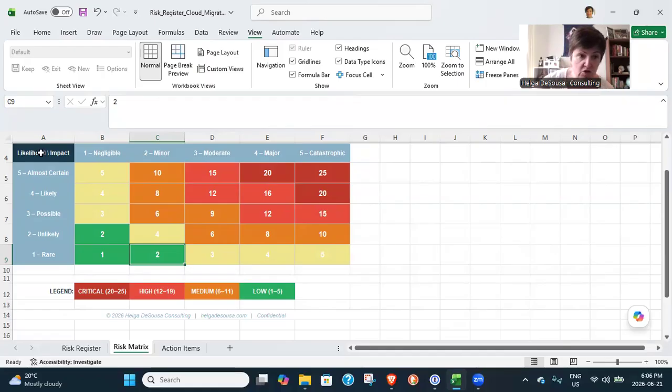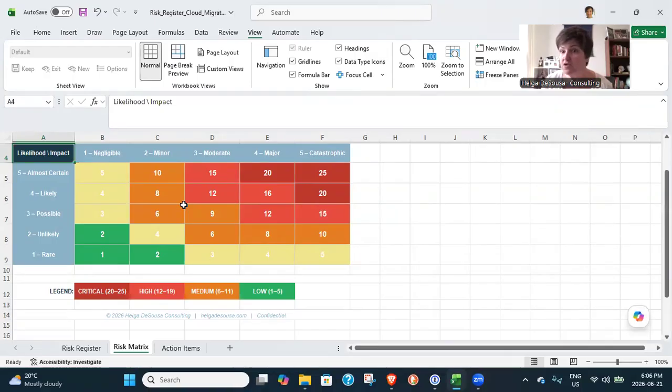So another thing I need to explain to you is likelihood and impact, okay? So likelihood, you might see probability as opposed to likelihood. So probability is usually used. You would have a high probability that it's going to occur, medium probability, or low probability that it's going to occur, but you need to just keep an eye on it, okay?